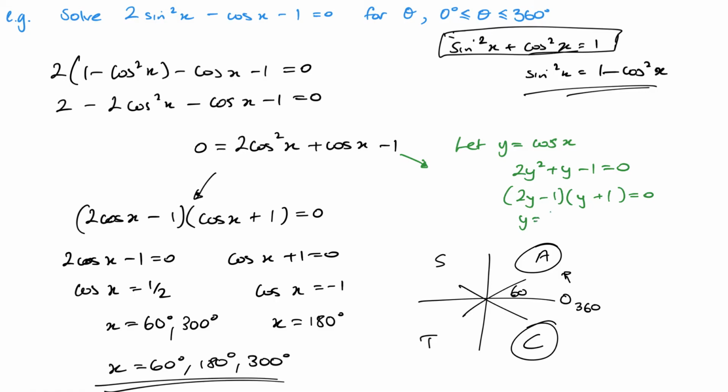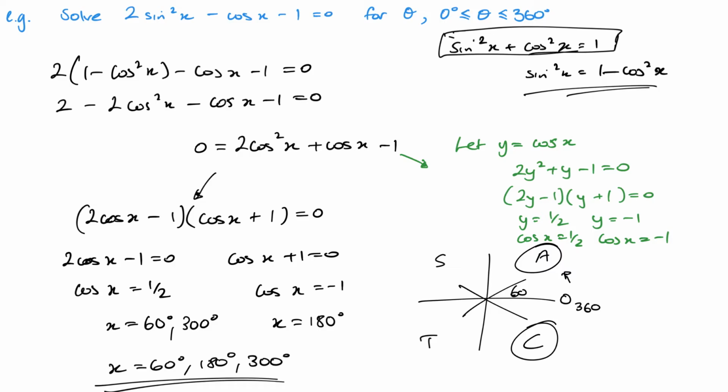So y equals a half, y equals minus 1, but y was just cos x, wasn't it? So cos x equals a half, cos x equals minus 1. So exactly the same little bit. The only difference is using the substitution so that you're just dealing with a single letter rather than the whole trig bit, the cos or a sine or a tan and so on.